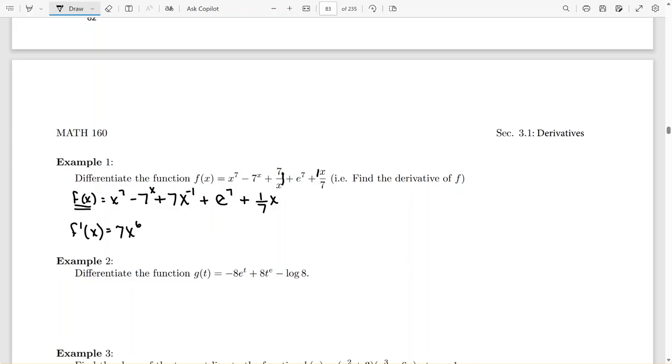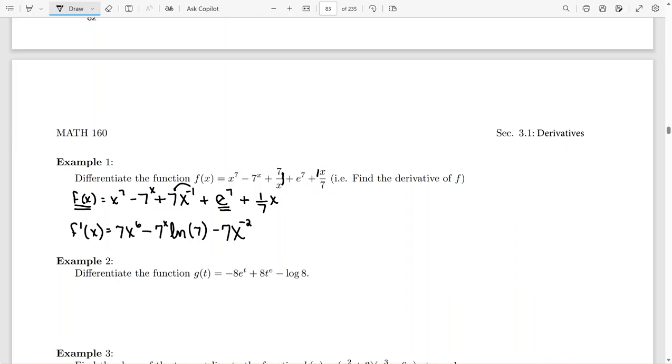So this is going to be the derivative of, put the minus down, the derivative of 7 to the x power is 7 to the x, natural log of 7. Right? Bring the power down, multiply it times the number in front, and then decrease. So subtract 1 from minus 1, that's going to give you a negative 2.